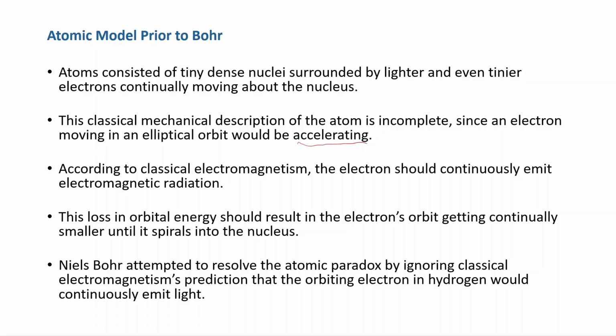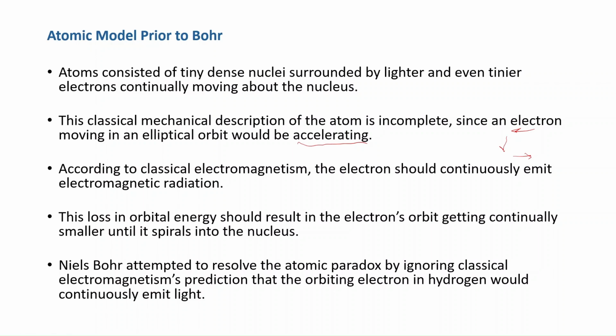Acceleration means change in velocity, and velocity is directional. So when the electron is moving around, first it's moving in this direction, then in this direction, then in this direction. Even though the absolute number may be the same, because it changes direction, it's changing velocity. So it's accelerating.